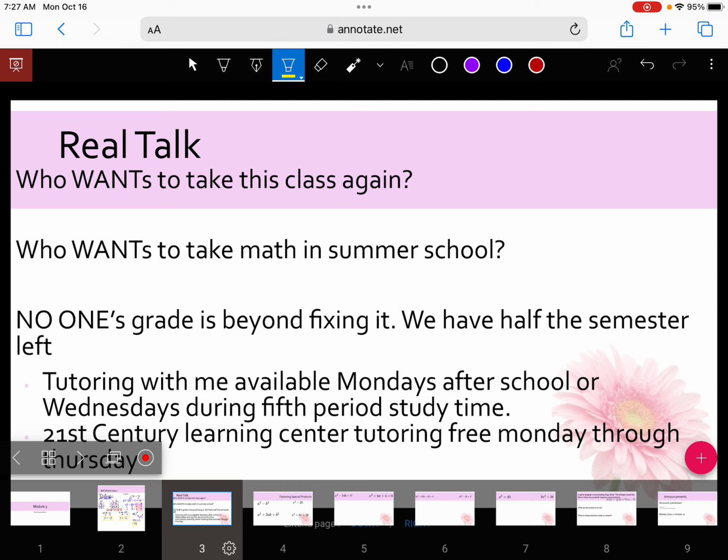Also, your grade's not locked in, so if you're happy with where your grade is, do not check out on me. You're halfway through the semester, okay? I stay after on Mondays, and I am available 5th period on Wednesdays for one-on-one tutoring time. There's also 21st Century Learning Center after school Monday through Thursday until 5. And they have tutors, and it's free.